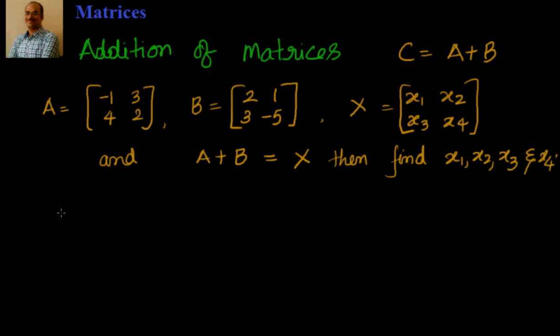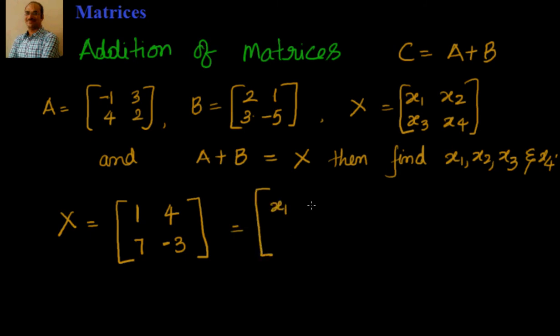So X will be nothing but A plus B, that is minus 1 plus 2, first row first column, so I'll have 1. Similarly 3 plus 1, 4, 4 plus 3, 7, 2 minus 5, minus 3. But this is equivalent to what is given to us, that it's equal to x1, x2, x3, x4.